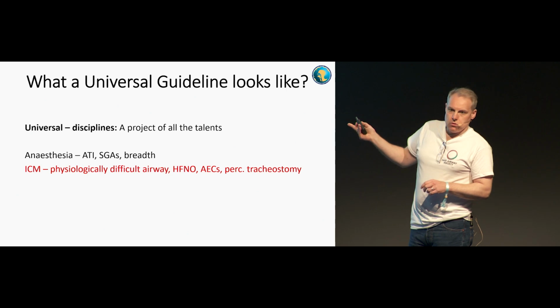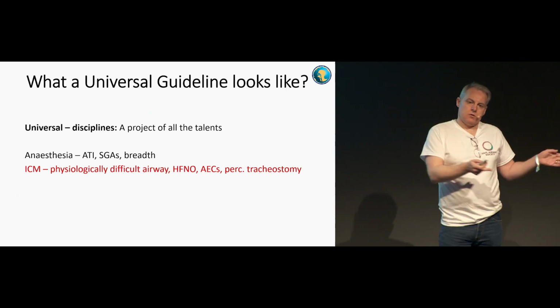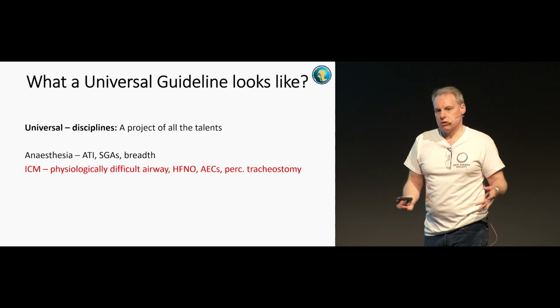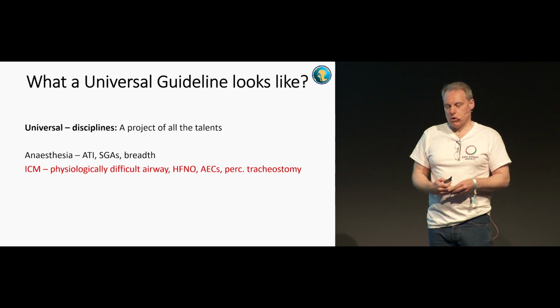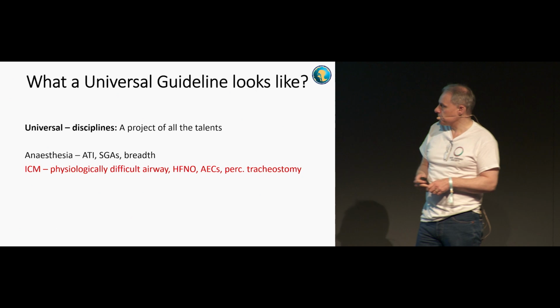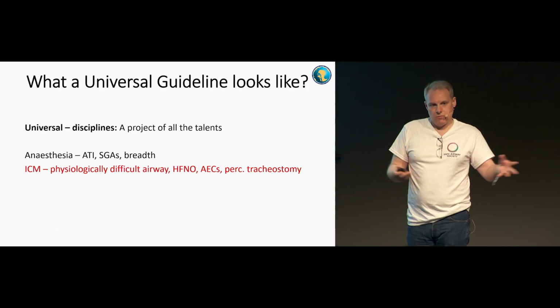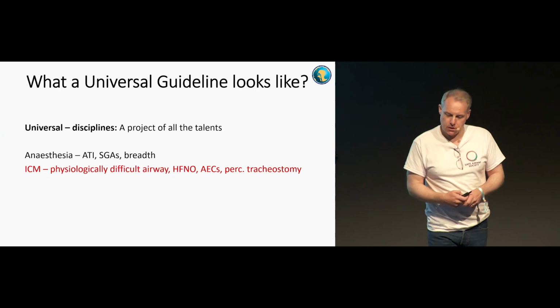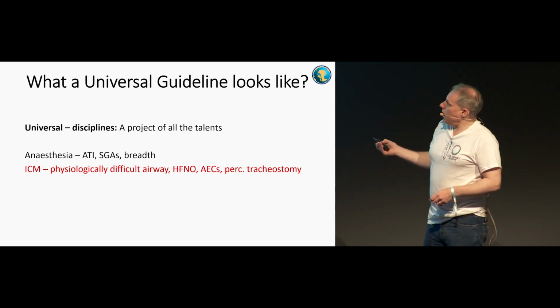We do perc trachs in the DAS critical care guideline. We say that perc trach, if you're good at it, is an acceptable form of emergency airway, because if you've done rather a lot of perc trachs, you're actually quite good at getting into most airways.